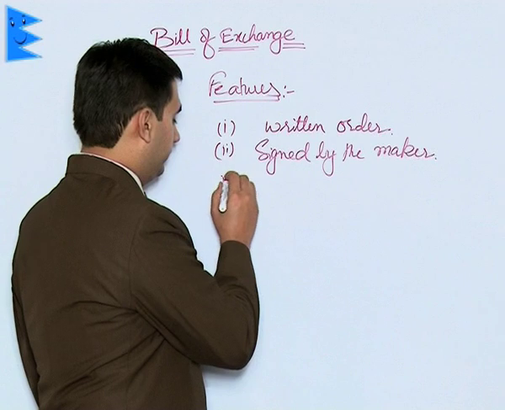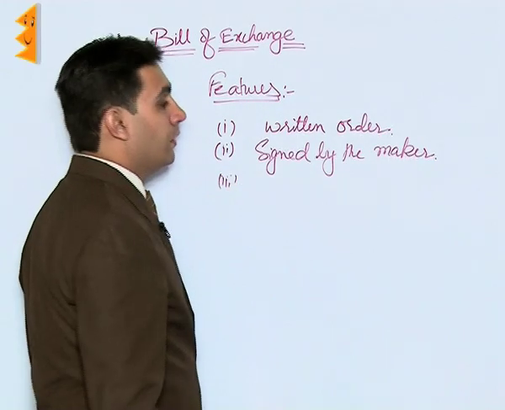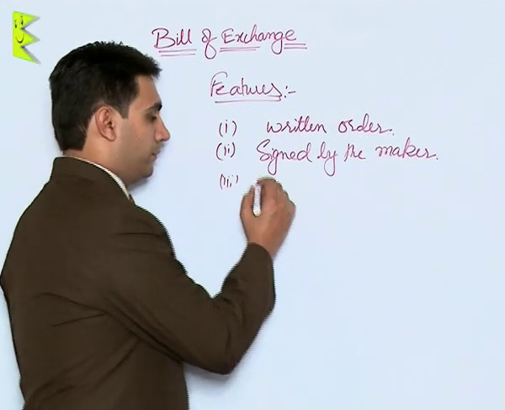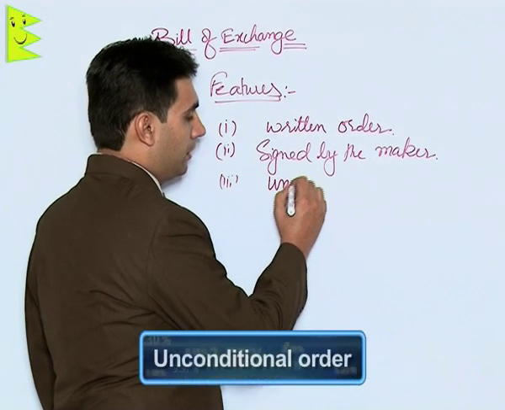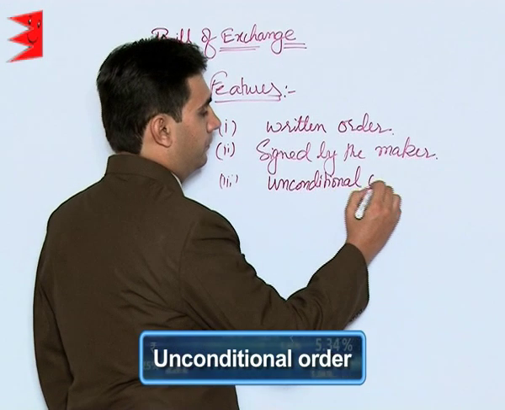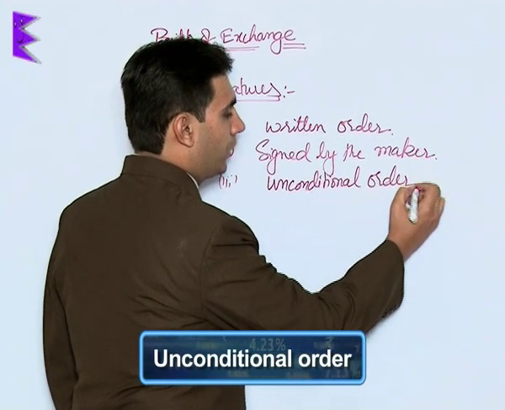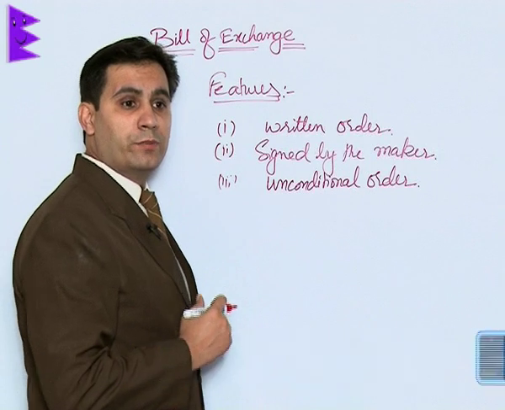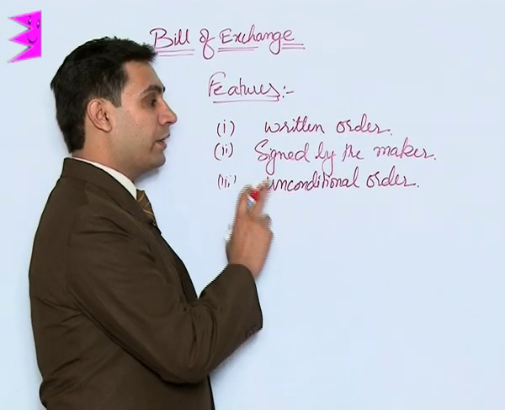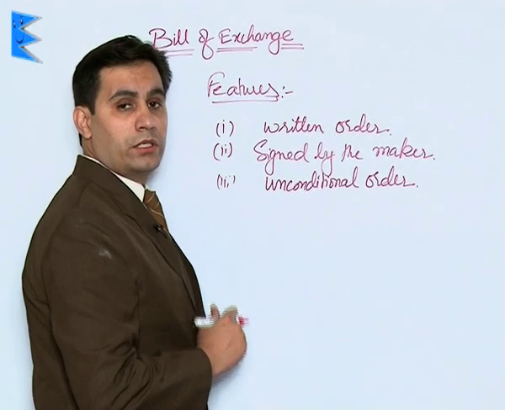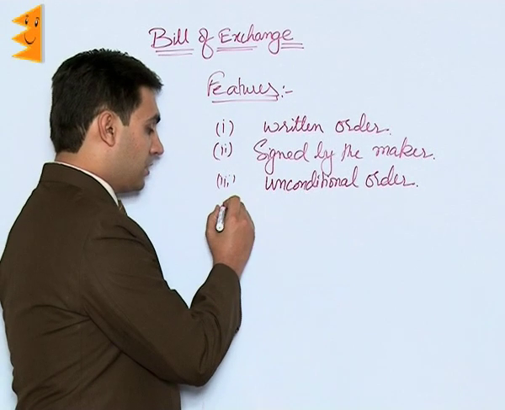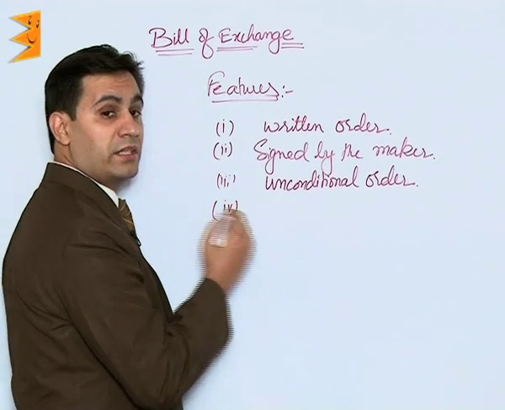Then it must contain an unconditional order. So it is an instrument in which a person is making a written and unconditional order, duly signed by him, to a certain person to pay up a certain sum of money.